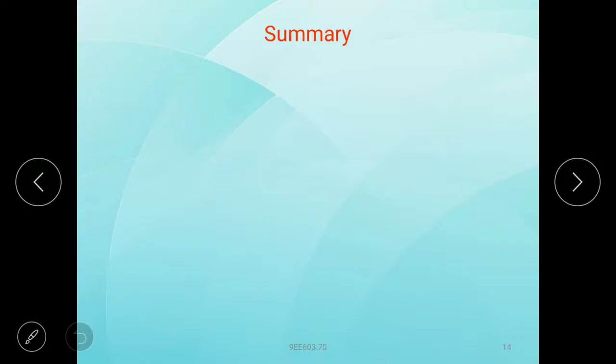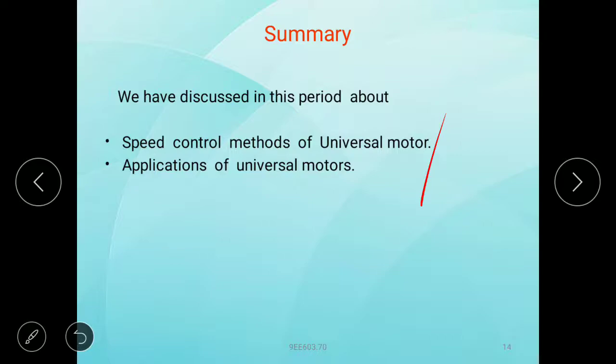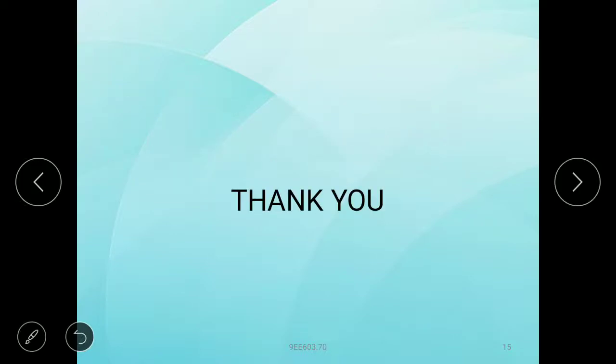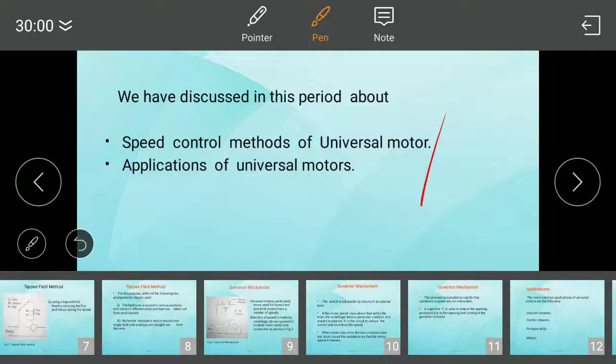Here is the summary. We have discussed in this period the speed control methods of universal motors and the applications of universal motors. See once again the circuit diagram.